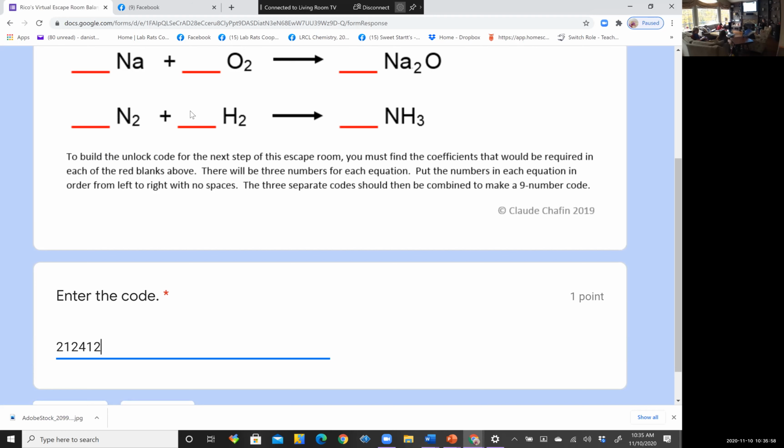What do you think? Actually, no, because N wouldn't have anything. Put a 3 in front of this N. We're going to get 6. If we put a 3 here, we're going to get 6. If we put a 2 here, we'll have 4 and 6. Almost.